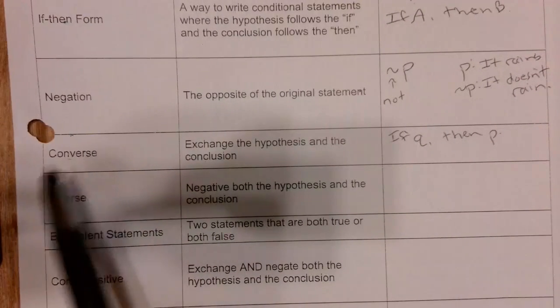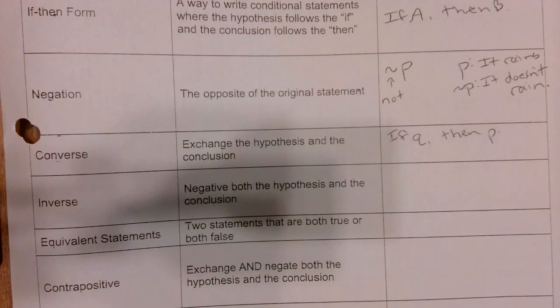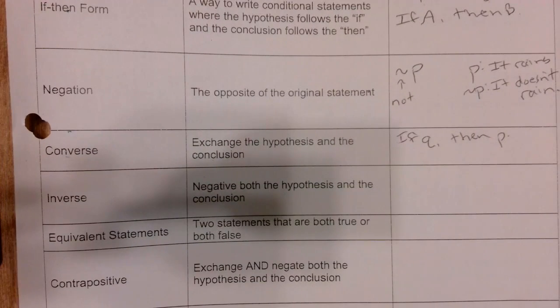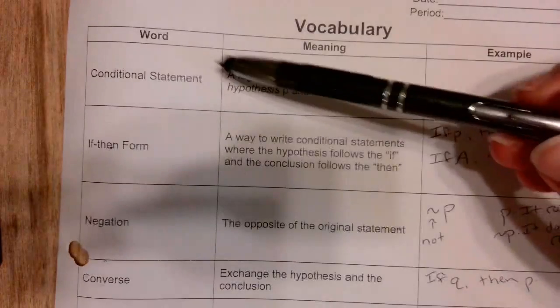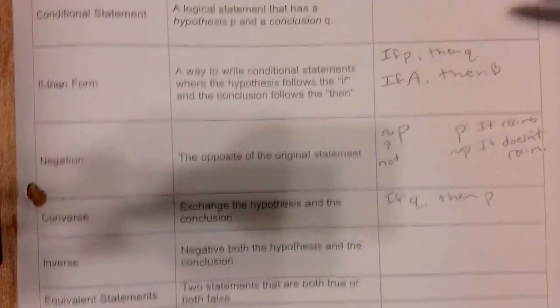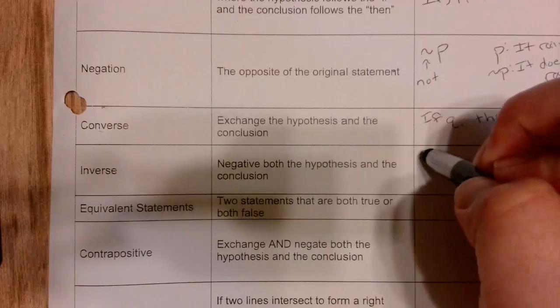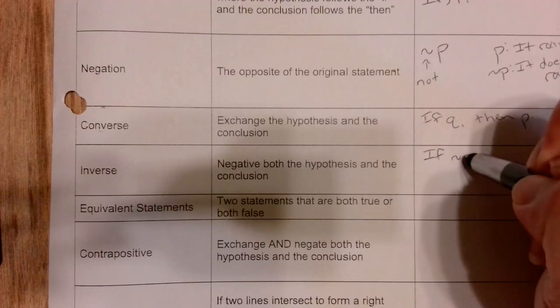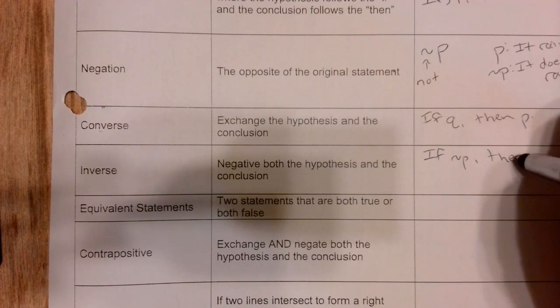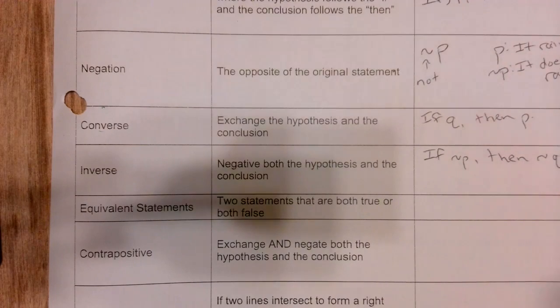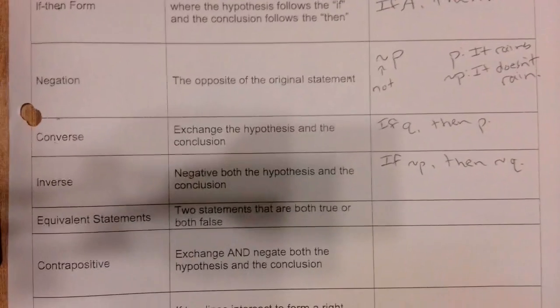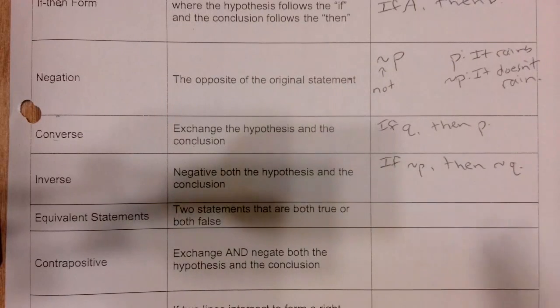So we had converse, now we have inverse. The inverse is where you negate the hypothesis and the conclusion of the original if-then, which is if P then Q. So you negate both. It's if not P, then not Q. If not P, then not Q.